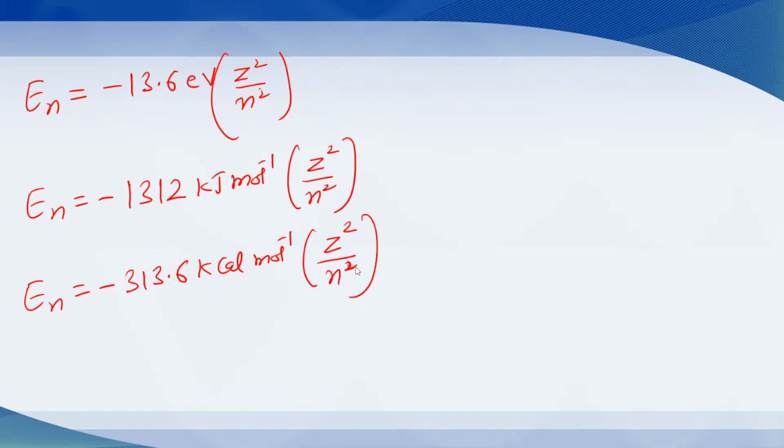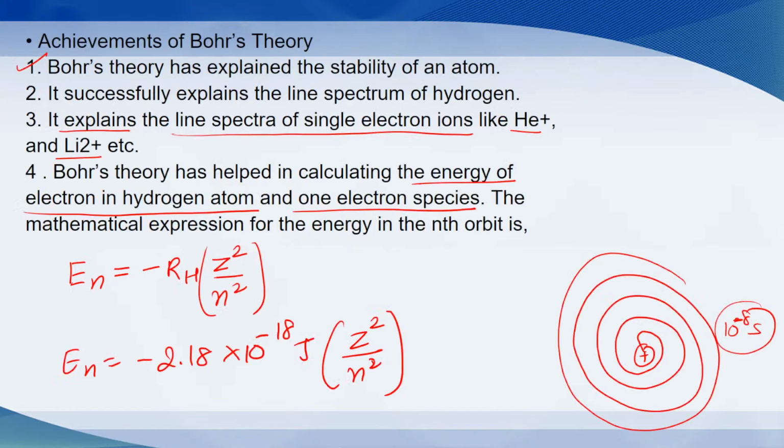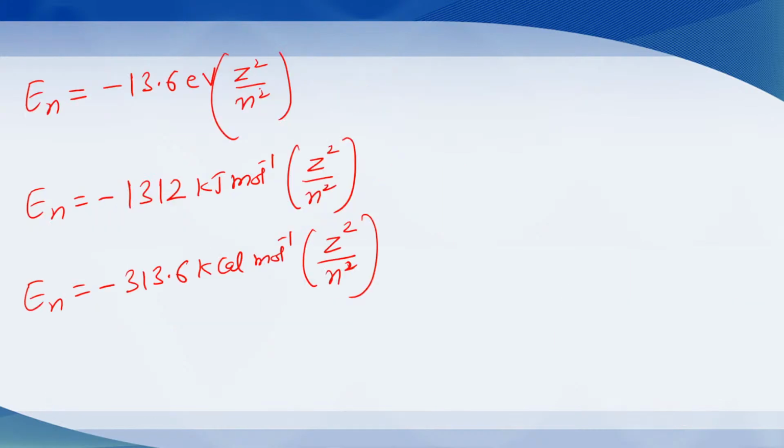These are the different units, but in NCERT only one equation is written. You can remember all of these. In electron volt per atom it is minus 13.6. In kilojoule per mole it is 1312. In kilocalories per mole it is 313.6.